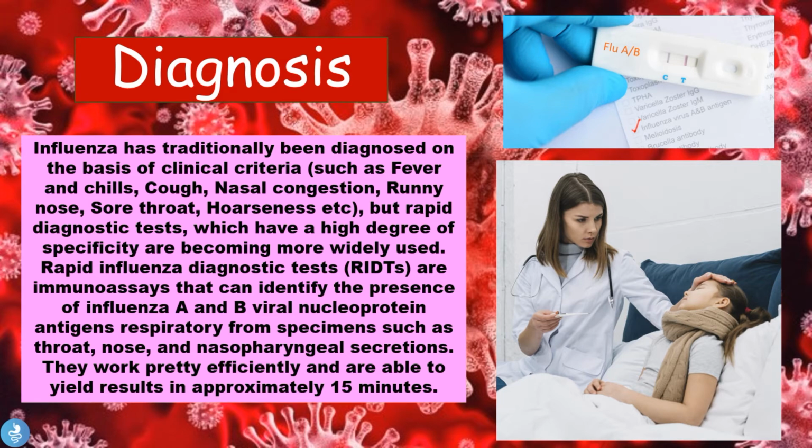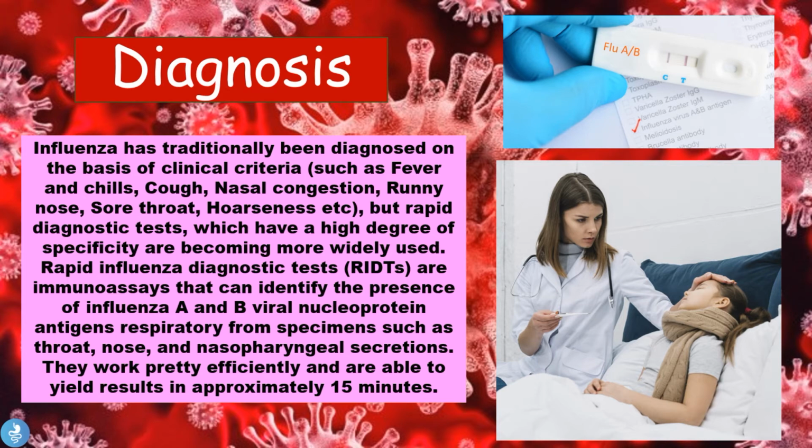The rapid influenza diagnostic tests, or RIDTs, are immunoassays that can identify the presence of influenza A and B viral nucleoprotein antigens, which are found in the respiratory tract from specimens such as throat, nose, or nasopharyngeal secretions. So these tests actually work pretty efficiently and are able to yield results in approximately 15 minutes.